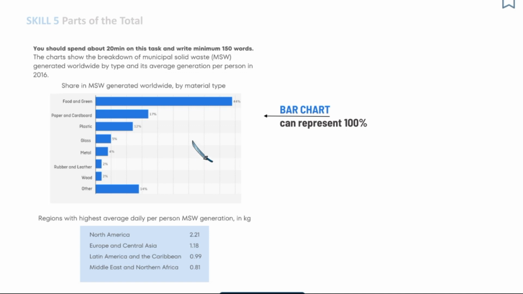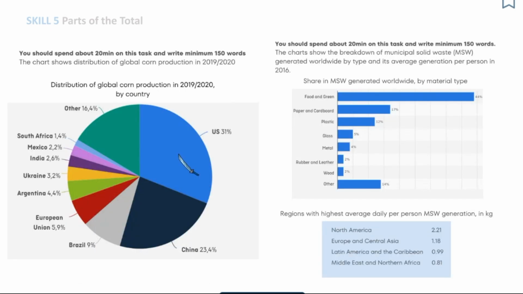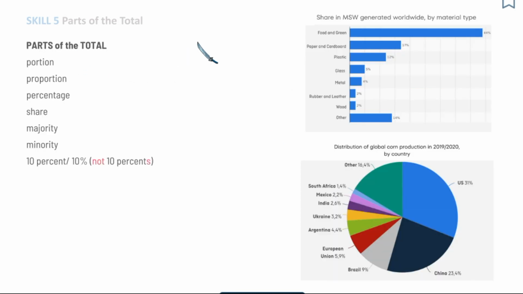But bar charts do not necessarily present exactly 100%, so always analyze the graph. So we will talk about these two graphs, the pie chart and the bar graph, to learn how to describe parts of the total.